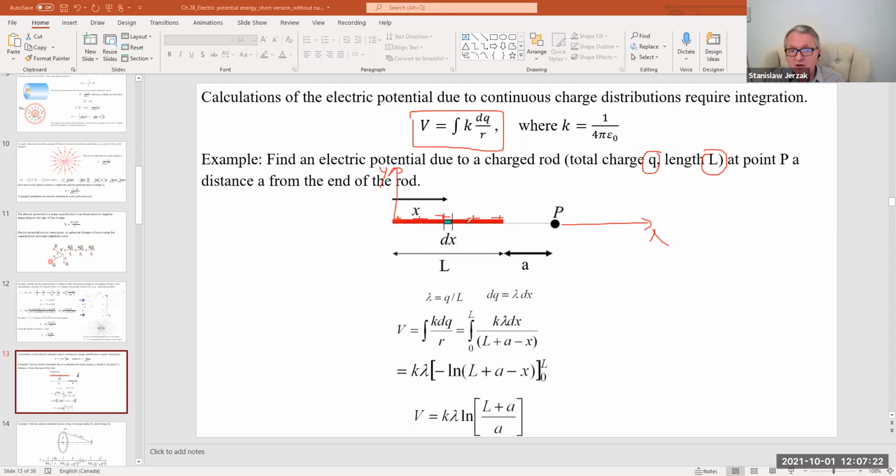The rod is positioned along the x-axis, and point P is a distance a from the end of the rod. So this is distance a.